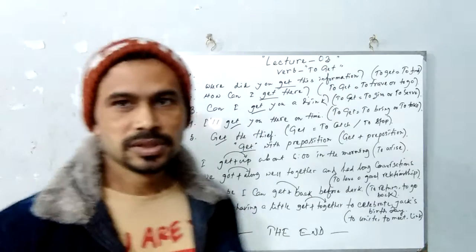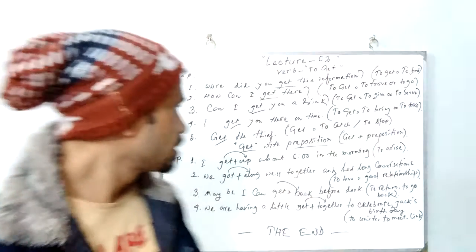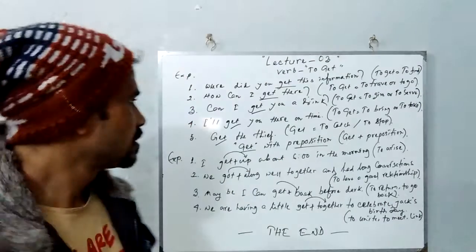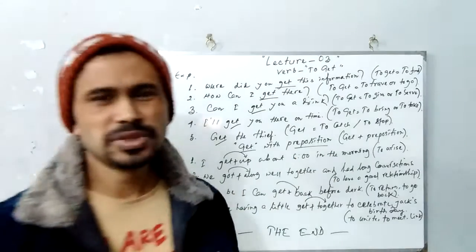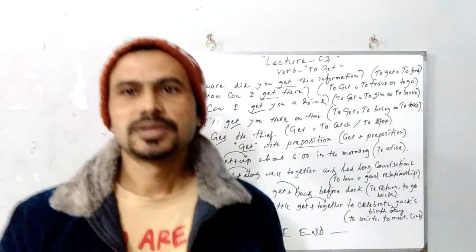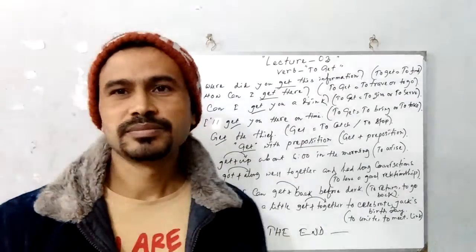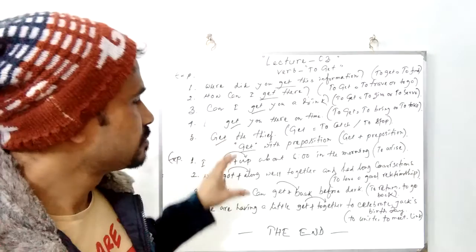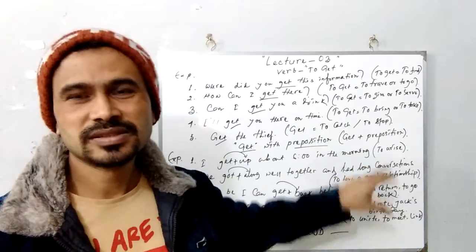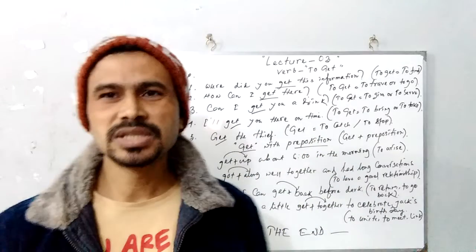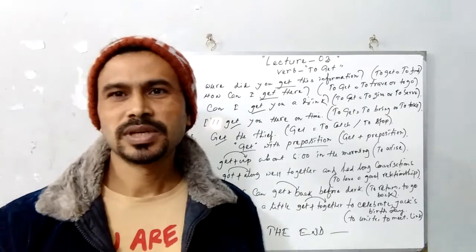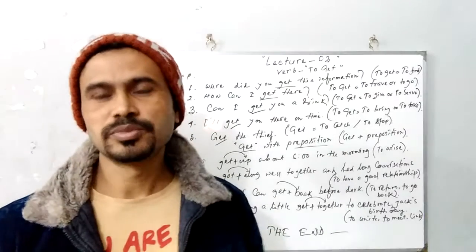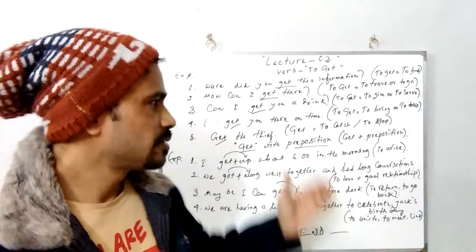Now, my friends, I write here one structure, that means get with preposition. I didn't discuss prepositions yet, but in my next lecture, when I discuss prepositions, I think you will learn more and get the information regarding prepositions properly.